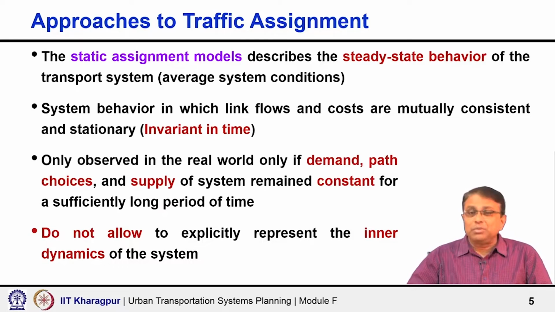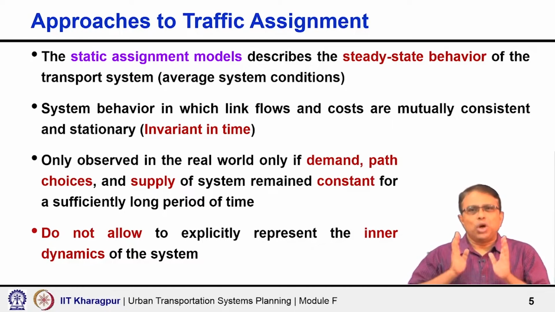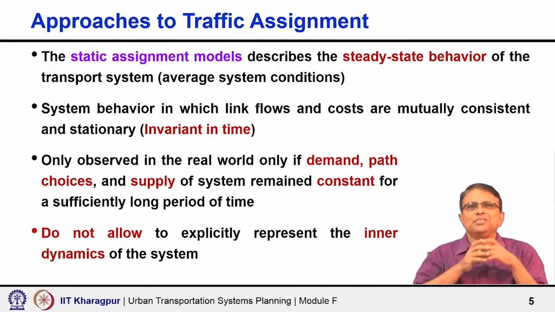The time dynamics we are not considering. That means, only at one time interval. In reality, what will happen? Morning 8 to 9, 9 to 10, not even 1 hour, every 15 minutes, every 5 minutes, the things may be very different. So, there is a time dynamics attached to that.